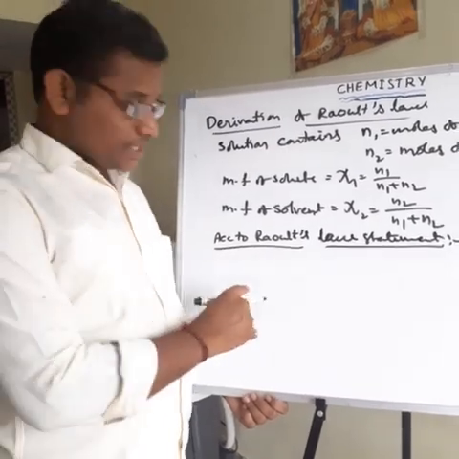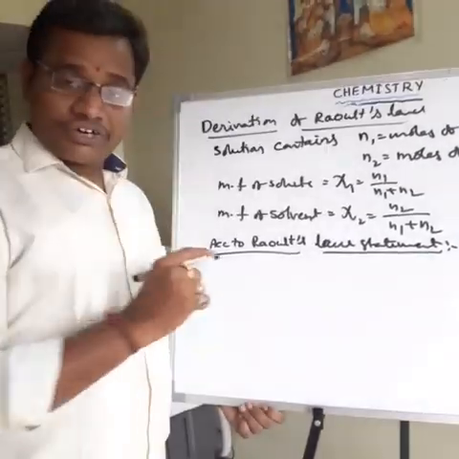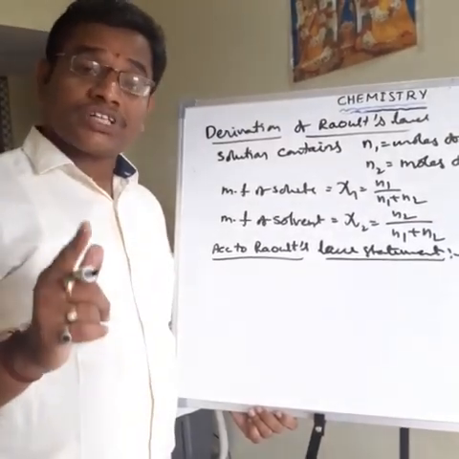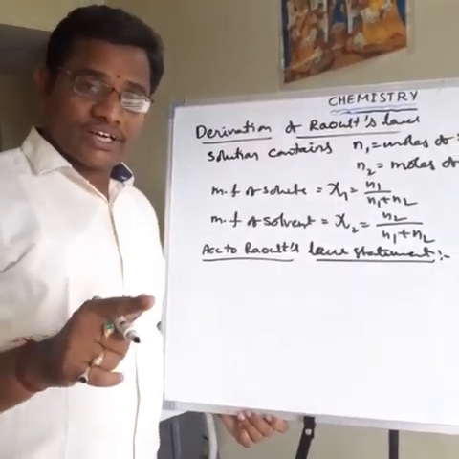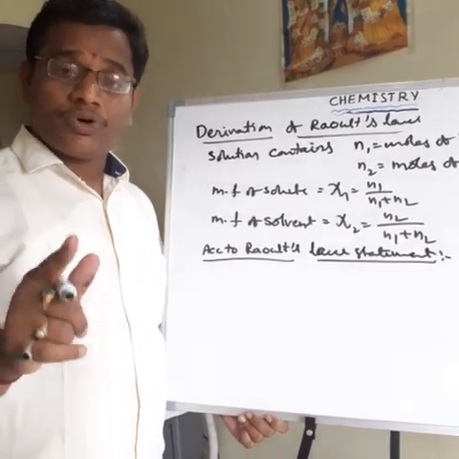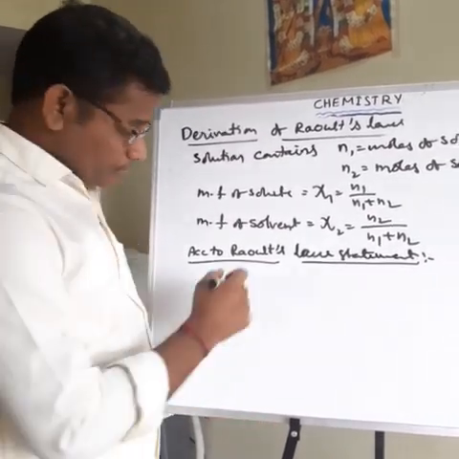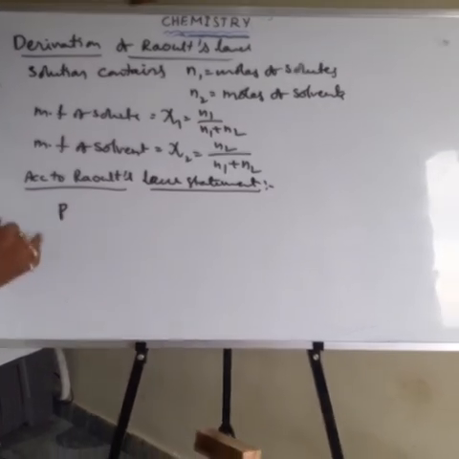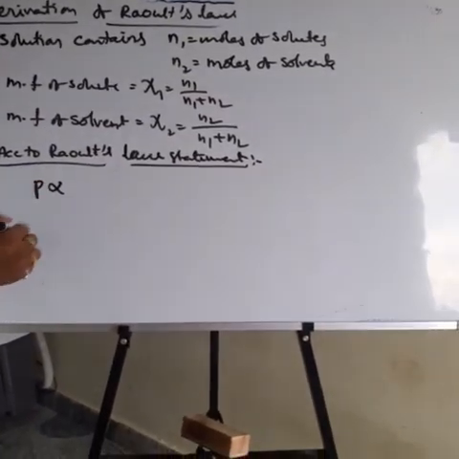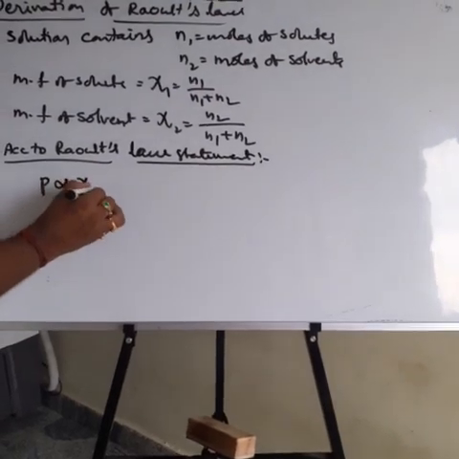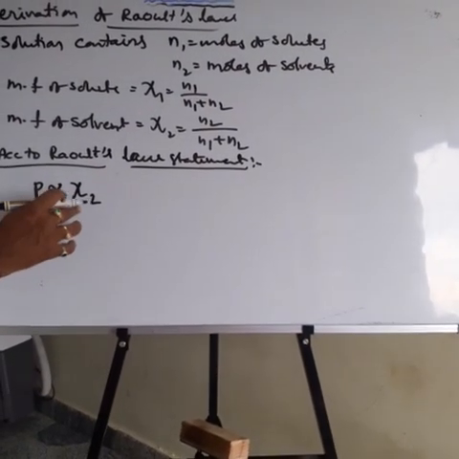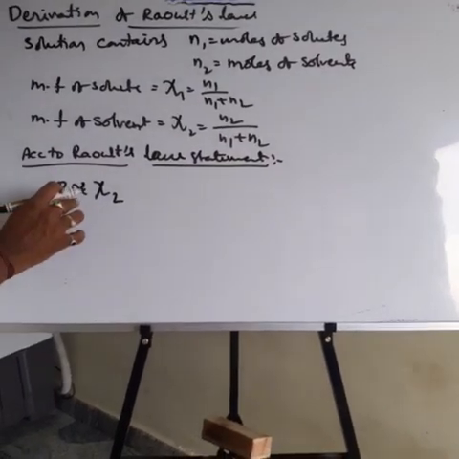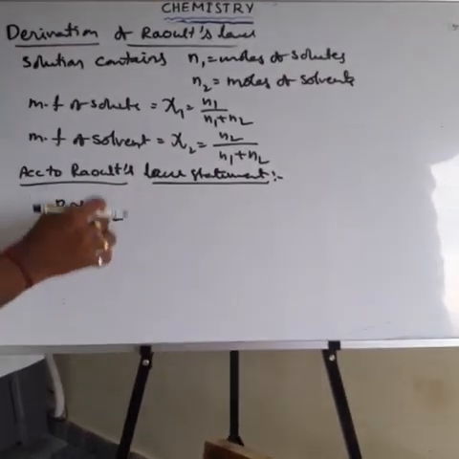So once again, what is the statement of Raoult's law? According to this statement, the vapor pressure of solution containing non-volatile solute is directly proportional to the mole fraction of the solvent. Here it is the mole fraction of the solvent, not the solute.